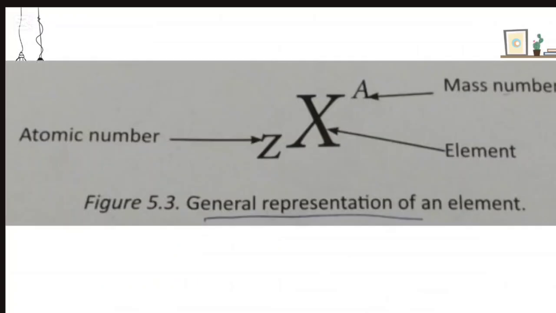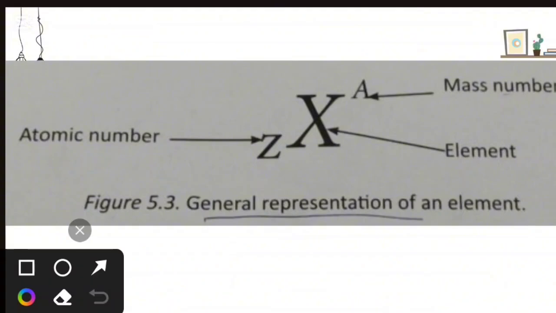This is the general representation of an element. Here X represents the element, Z represents the atomic number, and A represents the mass number. For example, oxygen: what is the atomic number of oxygen?